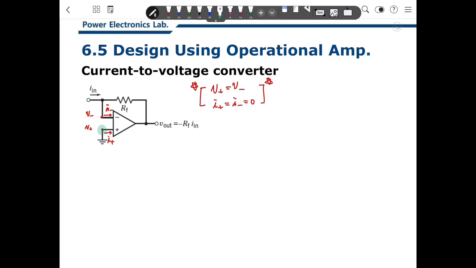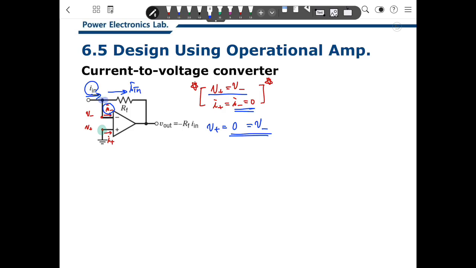Then based on these node equations, we get V positive is the same as 0. Based on here, there will be V negative, so we know V negative is 0. And because I input current from here and I negative is 0, this can flow to here.